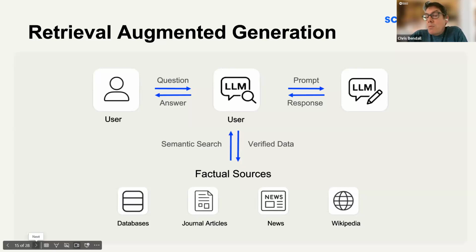Factual sources could be many hundreds and thousands of sources: databases of facts, journal articles, news articles, Wikipedia, and so on. By using these RAG frameworks, the response that is then created can cite this information and provide you, the user, with much more trust in the results being presented.